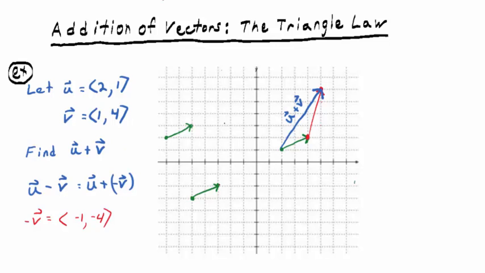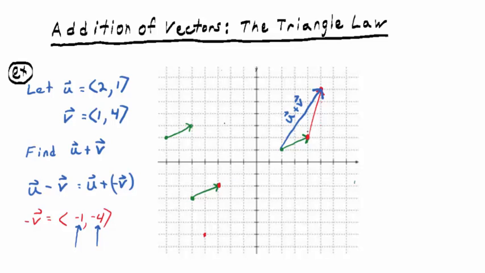So I'll do that in red right here. And then from there, I go left 1 and down 4. Does that make sense? So left, let me get the right color here. Left 1 and down 1, 2, 3, 4.